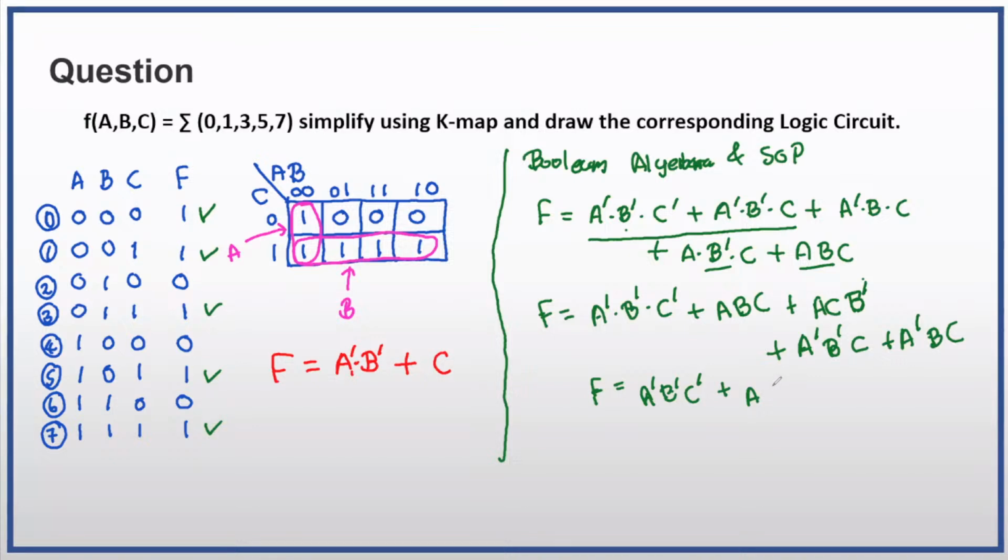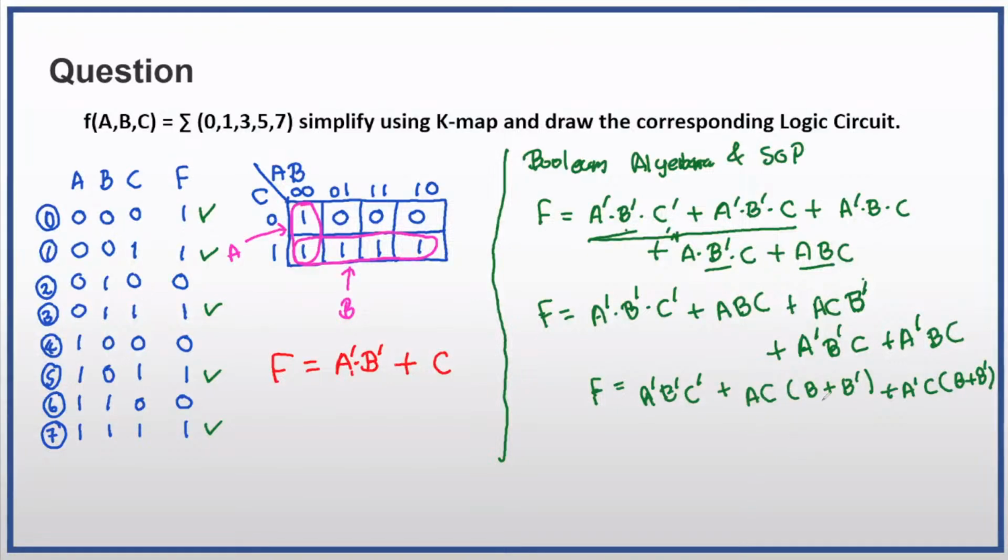Here I use AC plus B plus B dash, and here again A dash C use for. Okay, then you can see here I eliminate avoid this part, and I am simplifying with this using these four terms.